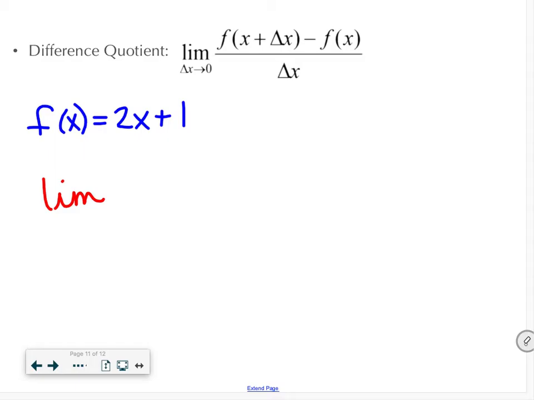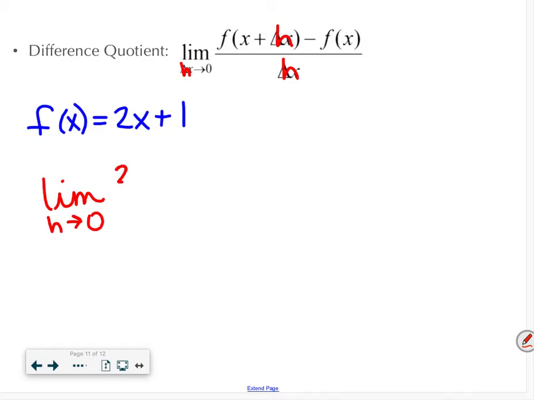How many of you really don't care? Just to be consistent with what we did on our summer packet, I'm going to just replace all the delta x's with h. Just please know it means the same thing. So we're just going to do h's here, just to make our lives a little bit less stressed.